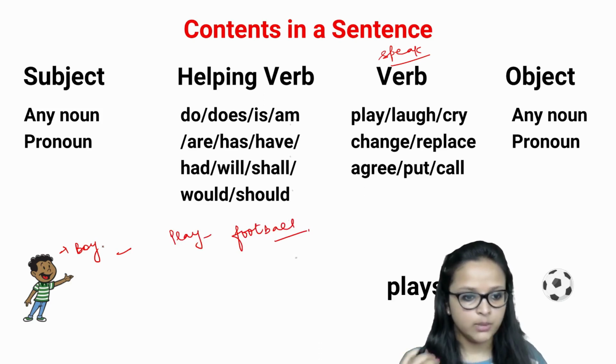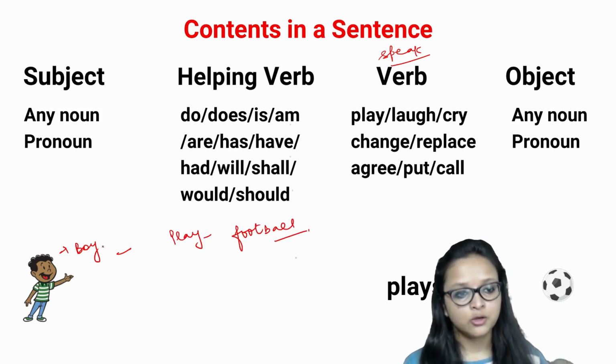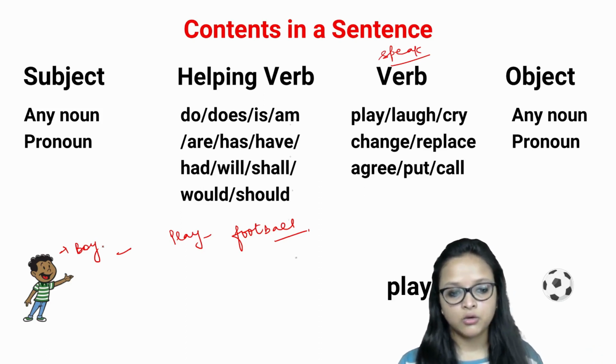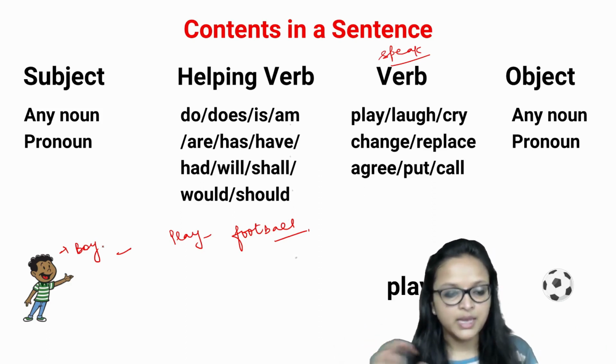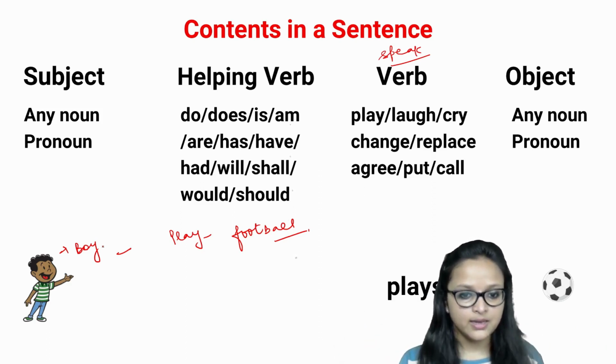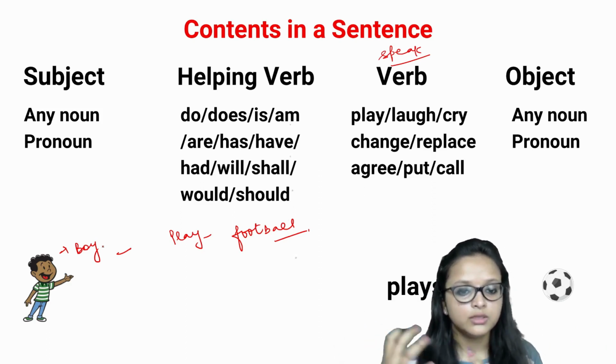Any noun, any pronoun that is working as the doer of the activity is your subject, and any other noun on which our activities are being performed. My playing is being performed on the football, so that is my object.